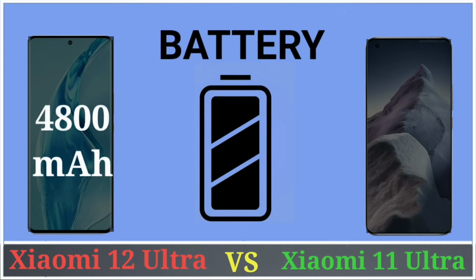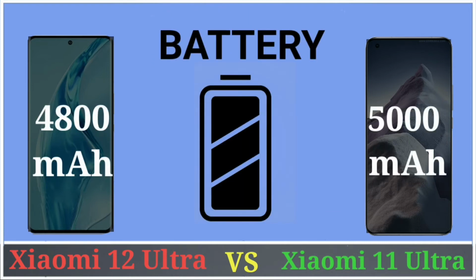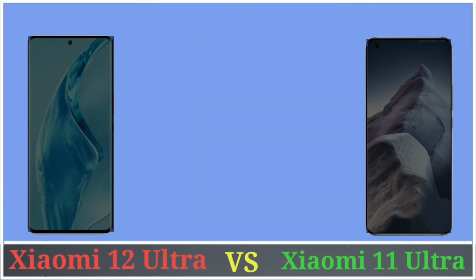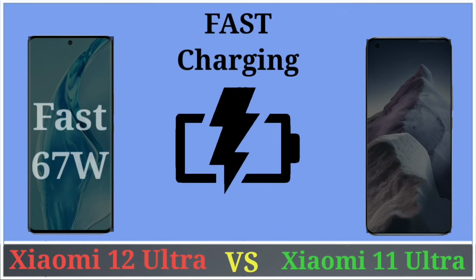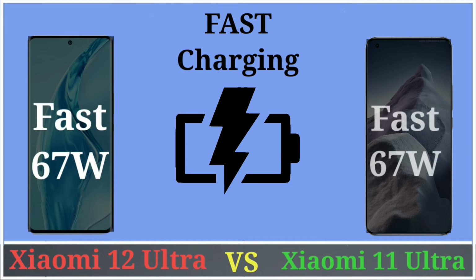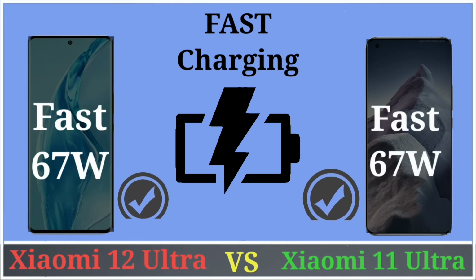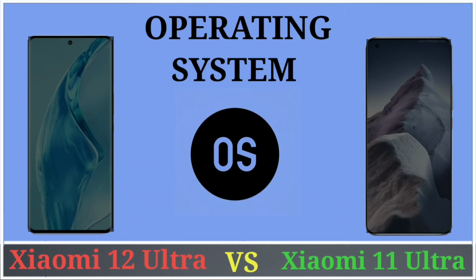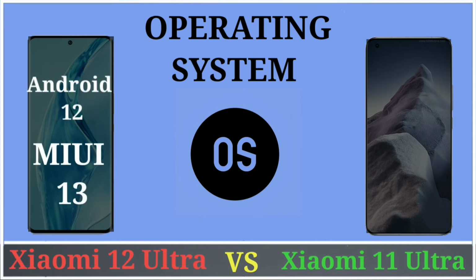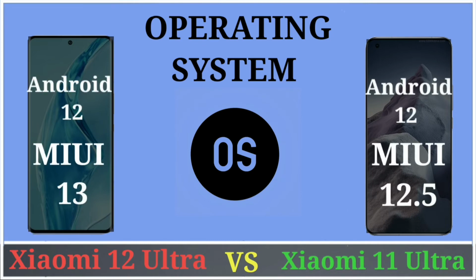Battery. Xiaomi 12 Ultra has 4800 mAh battery and 11 Ultra has 5000 mAh battery. Fast charging. Xiaomi 12 Ultra has 67 watt fast charger and 11 Ultra also has 67 watt fast charger. Operating system. Xiaomi 12 Ultra is Android 12 MIUI 13 and 11 Ultra is Android 12 MIUI 12.5.